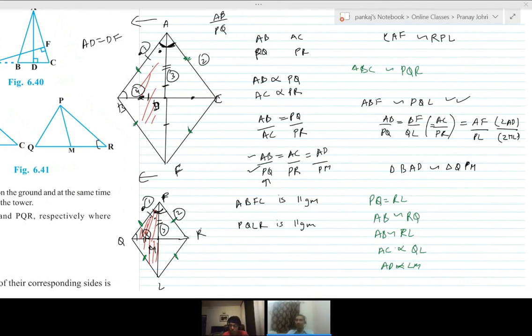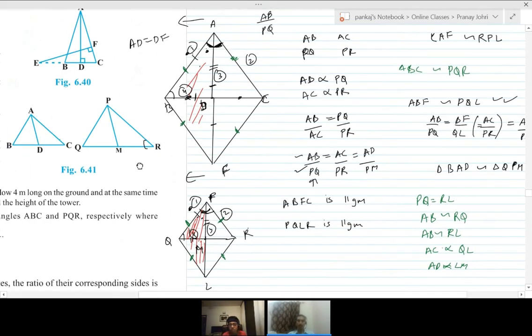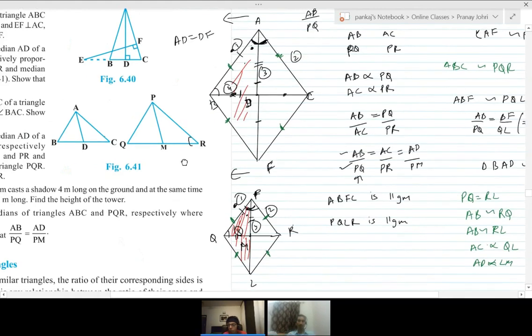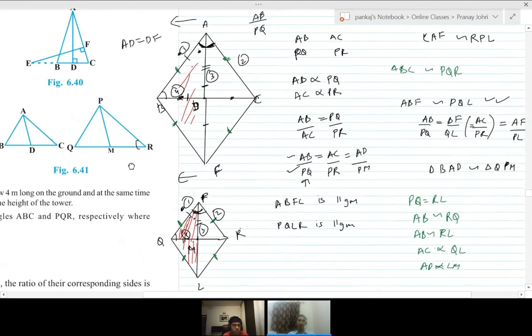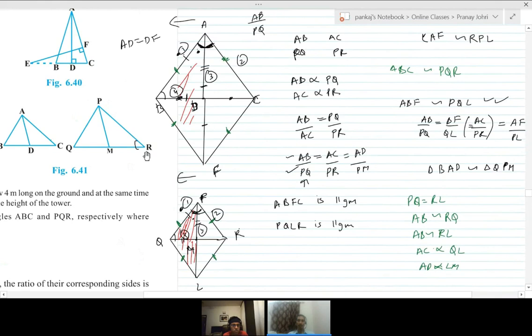Okay. So I'll repeat once because we may have forgotten. We had been given two triangles ABC and PQR, and the ratio of the above two sides and the median was given equal.